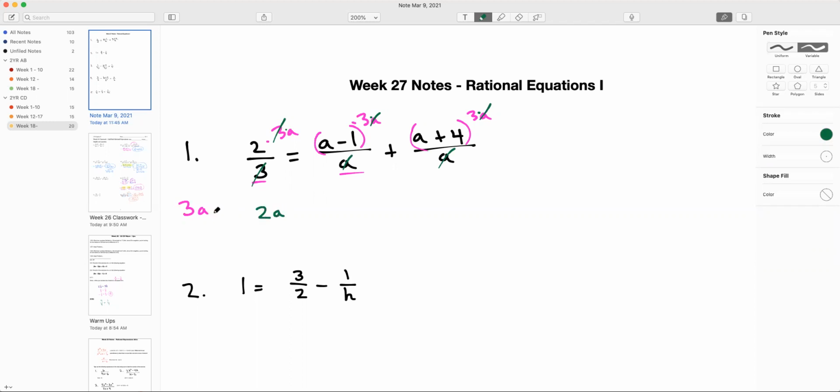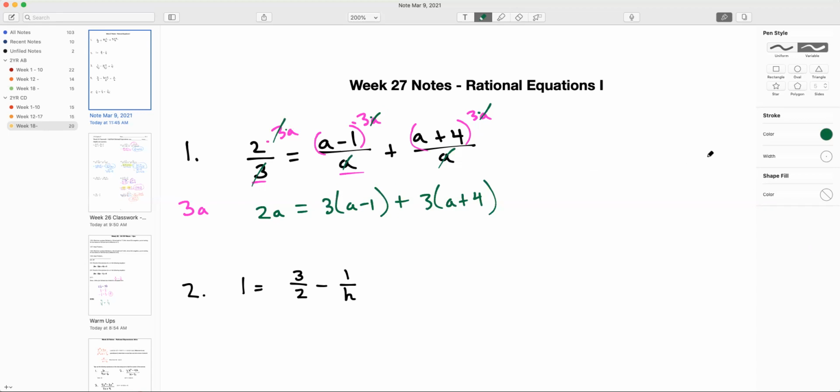Here's our next step. 2a equals 3 times a minus 1, because everything canceled on the bottom, right? And then plus 3 times a plus 4. So now this is really just an exercise in solving an equation.